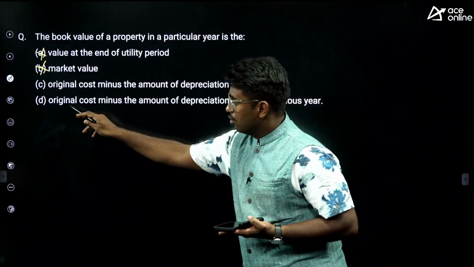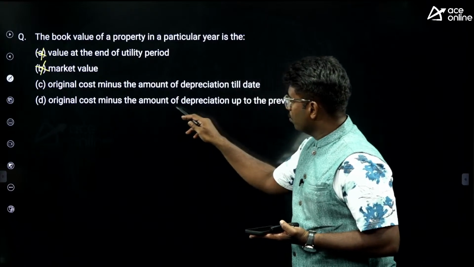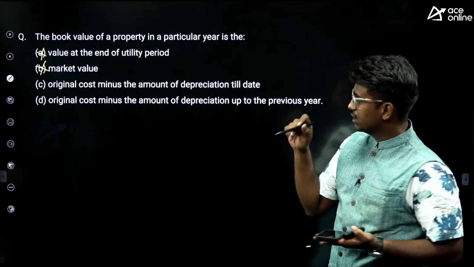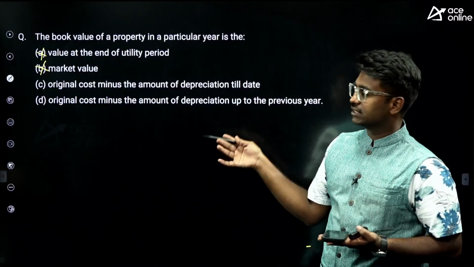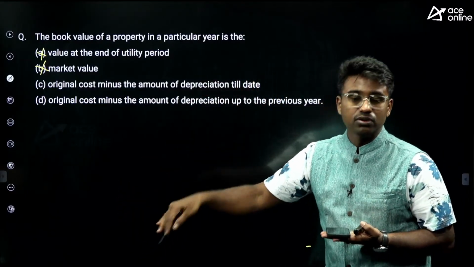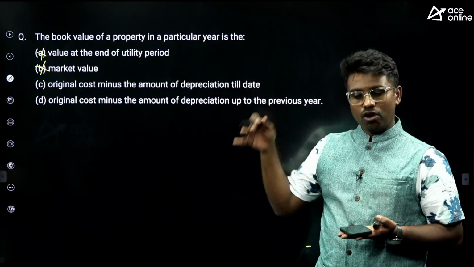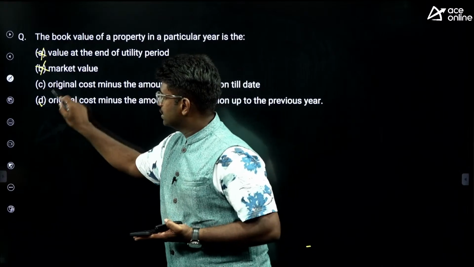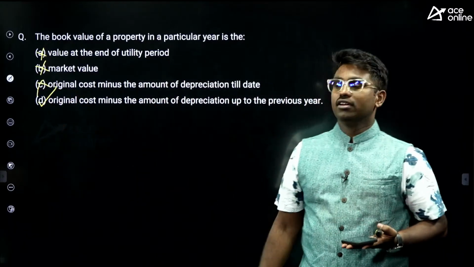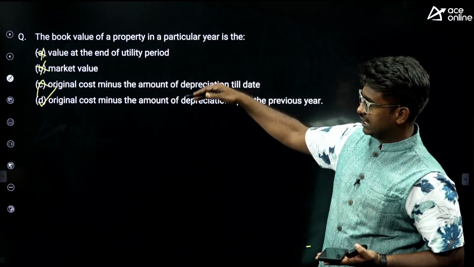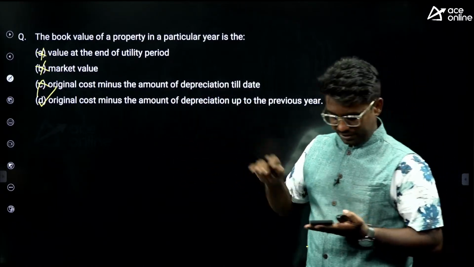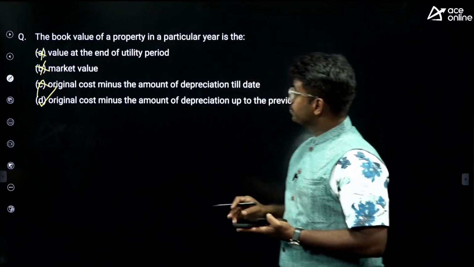Let's see another one. Original cost minus the amount of depreciation up to the previous year. Previous year का depreciation original cost से minus करे तो we get the book value of that property or the asset. This is the answer. Don't get confused. Check the fourth option also. Okay, right.